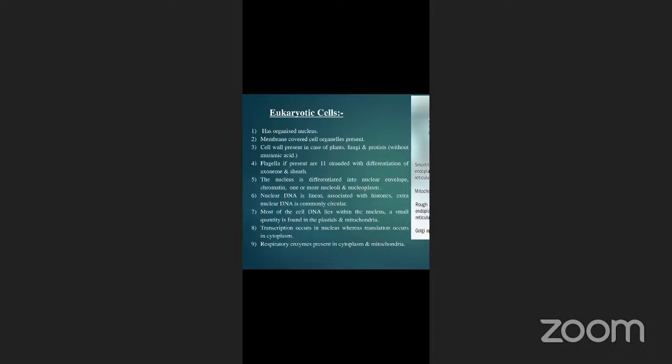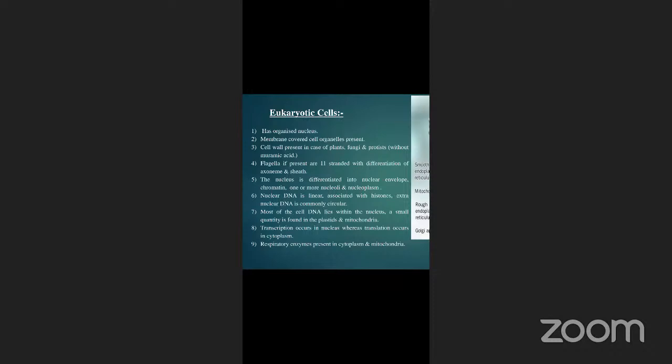Then flagella, if present, are 11-stranded with axoneme and sheath. And the nucleus has nuclear envelope, chromatin, nucleoli, and nucleoplasm. And the DNA is linear, associated with proteins called histones, which help in the packing of the DNA. Then extranuclear DNA, if present, is usually circular.